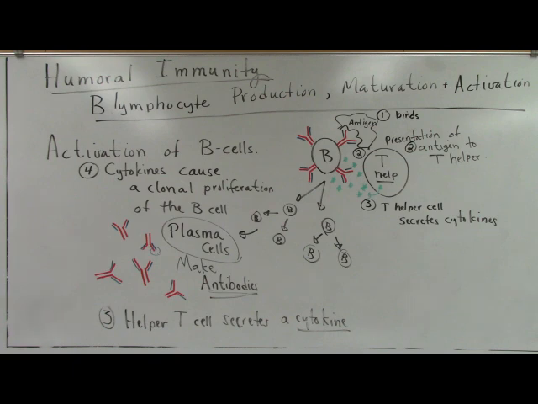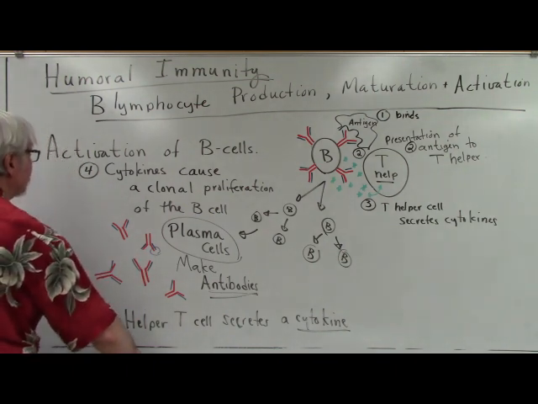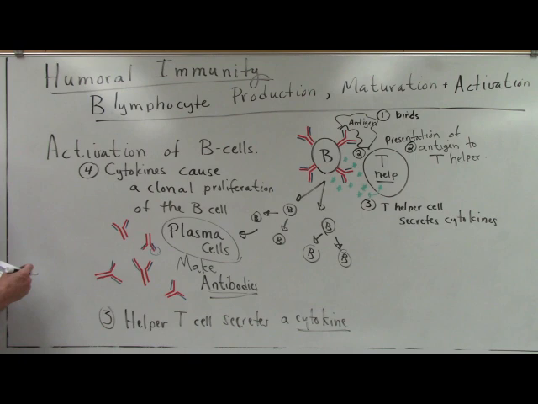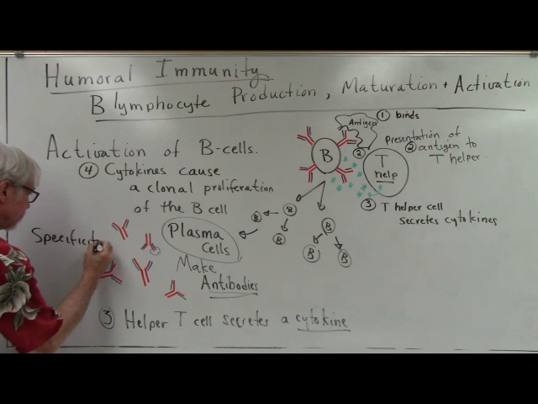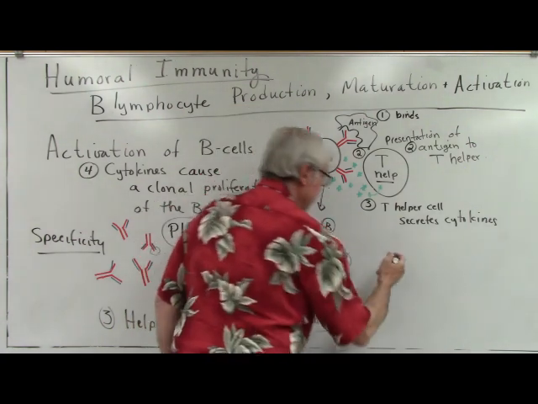Now the other way is, so this is again the specificity side of this acquired immunity. Remember, the other side of this acquired immunity is memory, and so that's what we're going over here.